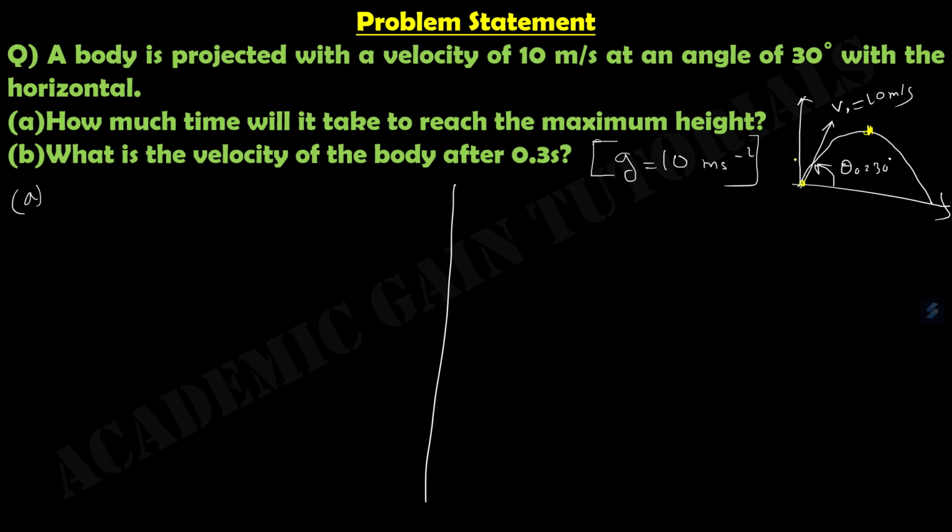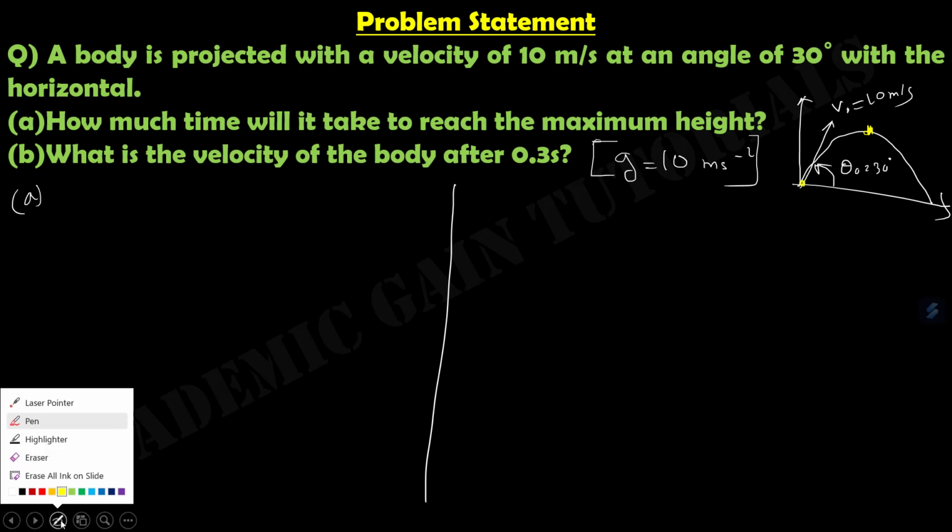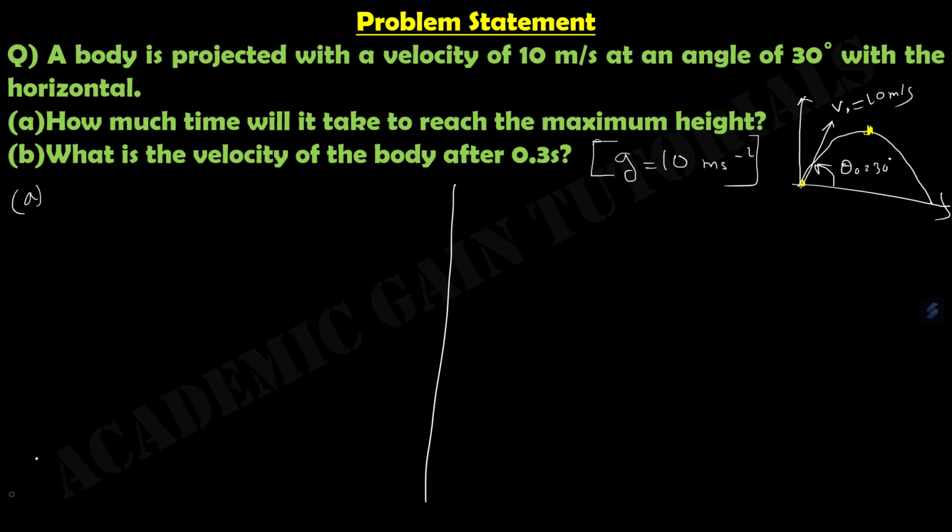If I want to solve this, we know along the x-axis vx naught equals v naught cos theta naught, and along the y-axis the component of v naught, vy naught, equals v naught sin theta naught.